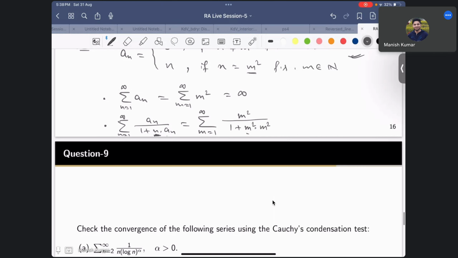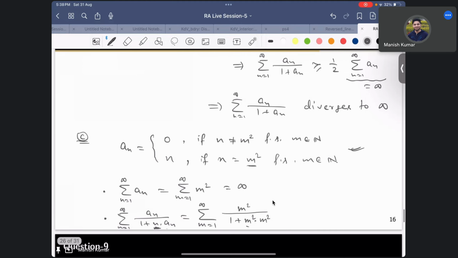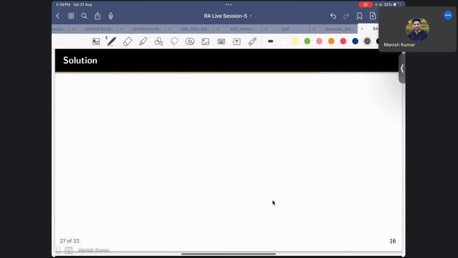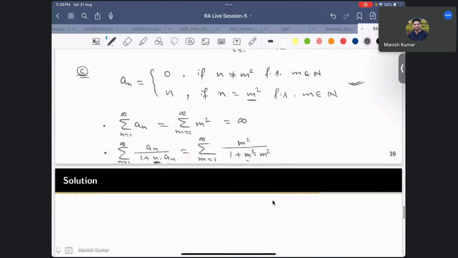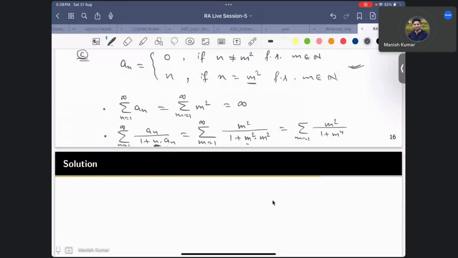This is very important actually, this idea. So this is what we have. Now you can clearly see this is nothing but the sum of 1 by m square by 1 plus m raised to the power 4, m from 1 to infinity, and this I can dominate by the sum of m square by m4, because I can remove 1; 1 plus m4 is greater than or equal to m4.